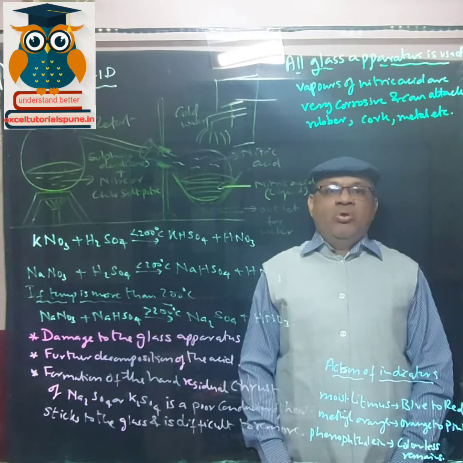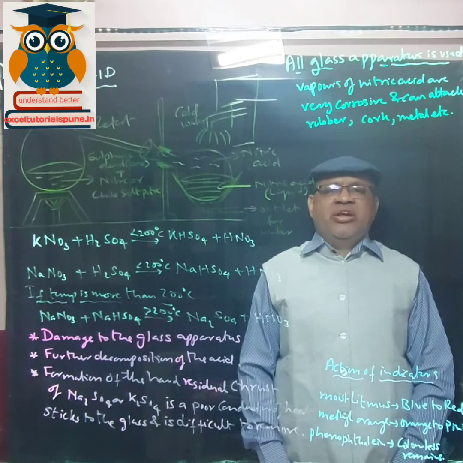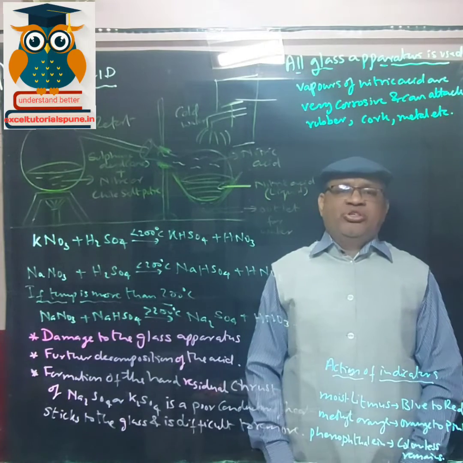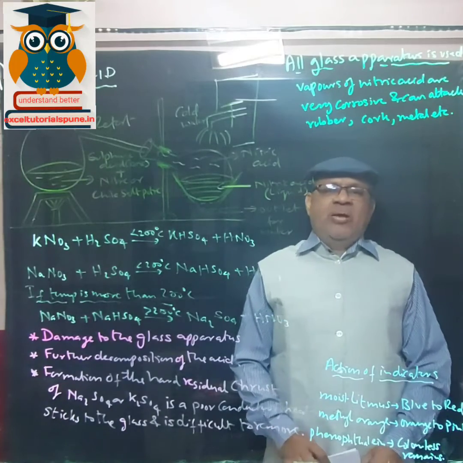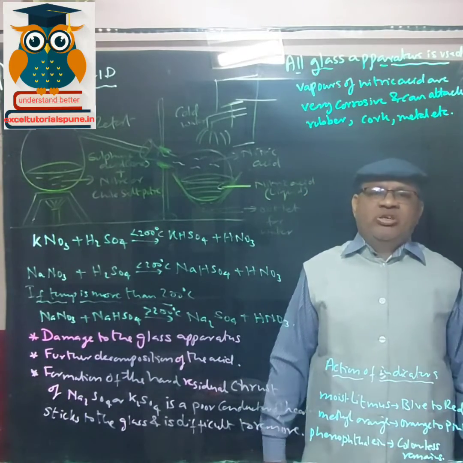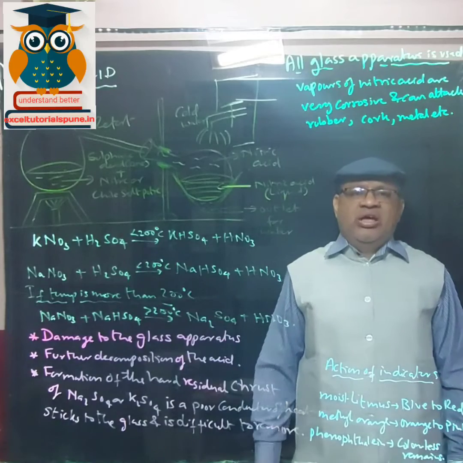Okay, so how is this nitric acid prepared in the lab? In nature it is available in the free state. For example, nitrogen is there in large percentage in the air, about 70 to 80% of the air is nitrogen.